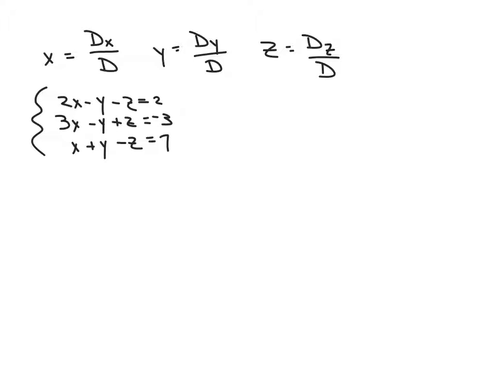So I'm going to go ahead and write my D, which means I'm finding the determinant: 2, negative 1, negative 1, 3, negative 1, 1, 1, 1, negative 1. All of that is from just the coefficients in front of the letters. We're not worried about the constants right now. Those will come in later.